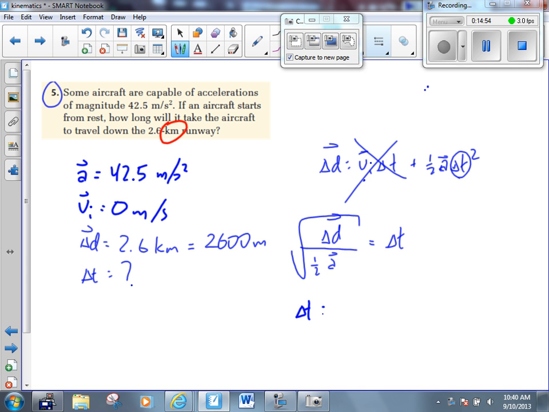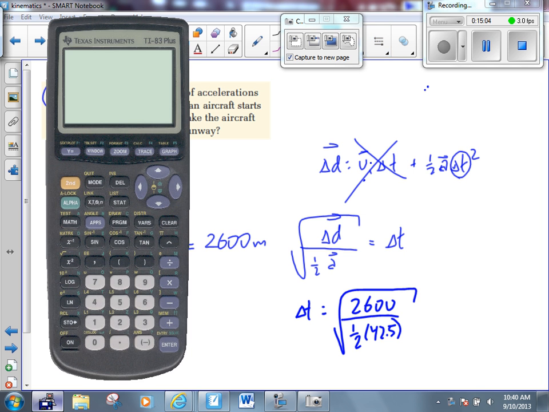Delta D is 2,600 divided by 1/2 of 42.5. We square root that. Let's put those into our calculator as well and see what we get. Let's go inside the square root sign first: 2600 divided by 0.5 times 42.5.